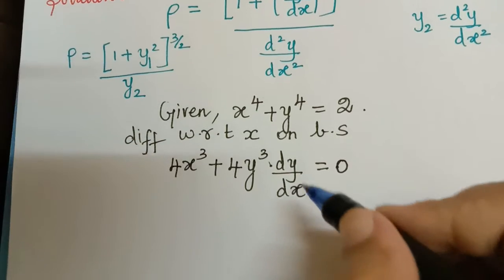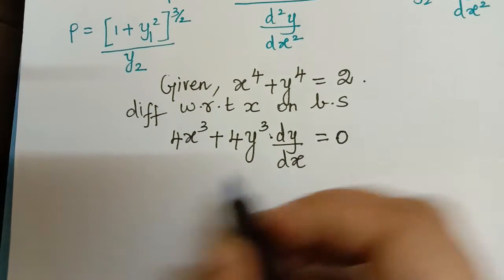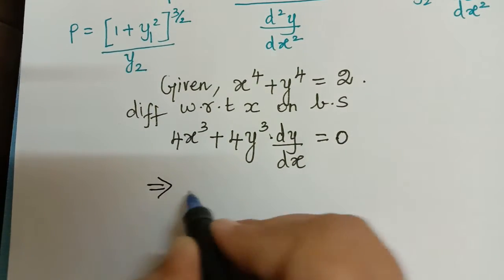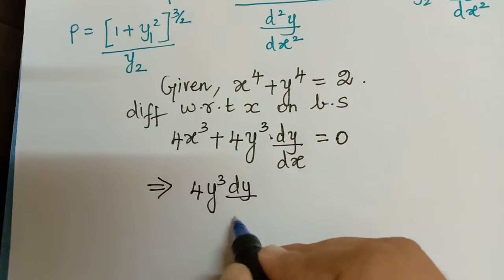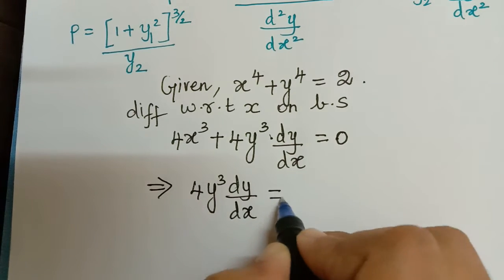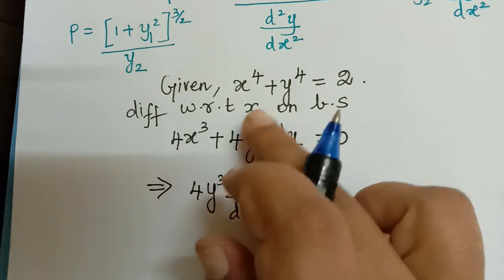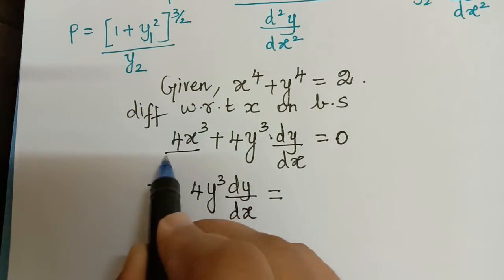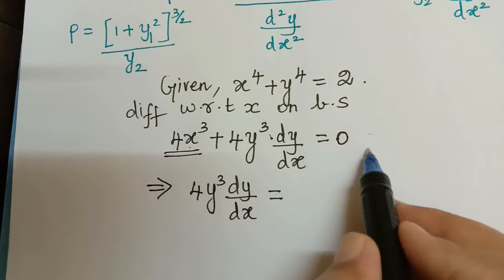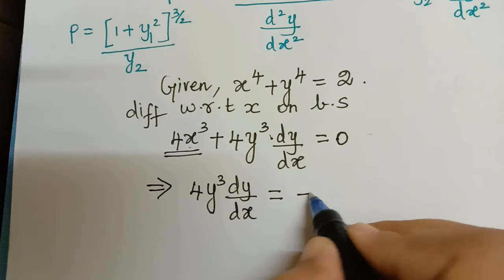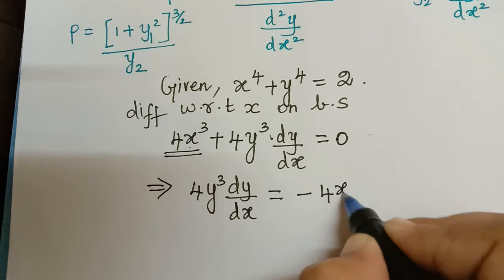Now from this we can find dy by dx. We get 4y cube dy by dx to be equal to, we are having this on the left side and we are taking this term to the right of the equation. When this term moves to the right, it will become negative, so minus 4x cube.